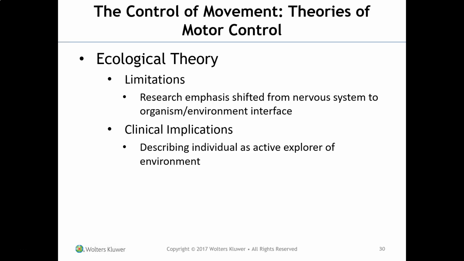He's going to determine what he needs to grasp, what he needs to reach for, and being able to understand what he grasps and what he doesn't is the ecological theory. And that makes perfect sense, right? We don't go around reaching for everything or grabbing everything that we see. We survey the environment. Just because we have the ability to do it doesn't mean that we have to do it. We have to have a purpose for it.